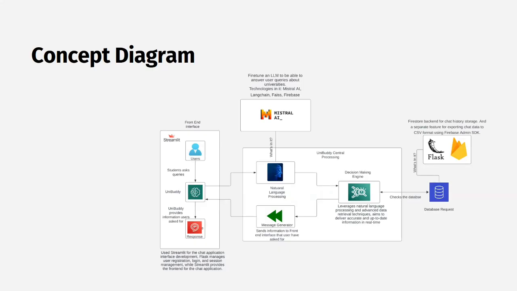Coming to the implementation of the product, we were able to build a basic authentication for the users. Once the user logs into the product, they can send a request or a query to the assistant. In the backend, the query will be processed into vectors by an embedding model. Here we use the Instructor Large embedding model to convert the user query into vectors.